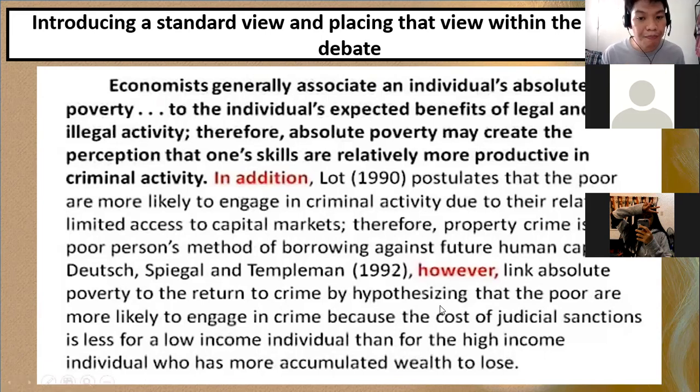So you can see the words being highlighted. Meaning, you need to provide the accepted perceptions about the topic that you want to research, and you need to contextualize that perception in the world of scholarly debates.